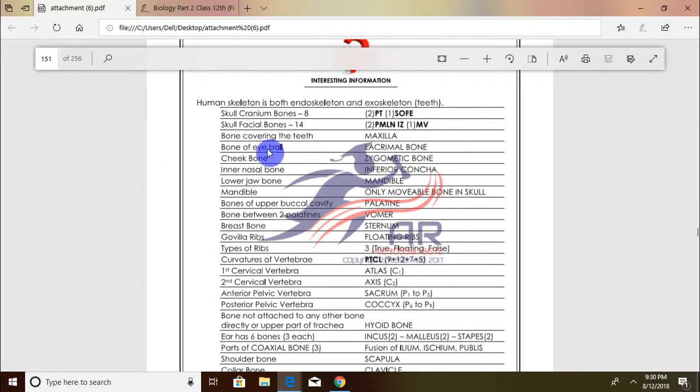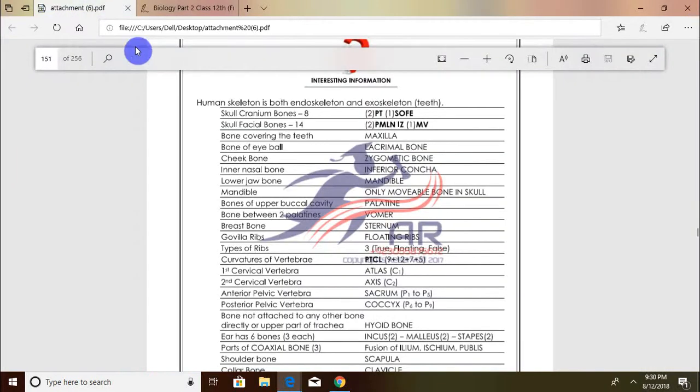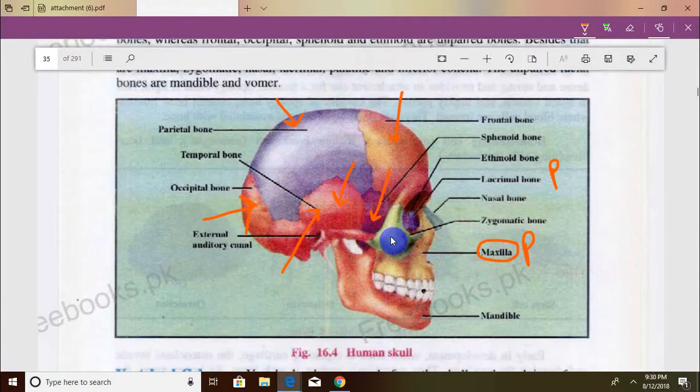Then we have the bone of the eyeball, which is lacrimal. Over here is lacrimal, and remember the lacrimal is similarly paired. Then we have the zygomatic, which is the cheekbone, and here it is, and it is similarly paired.